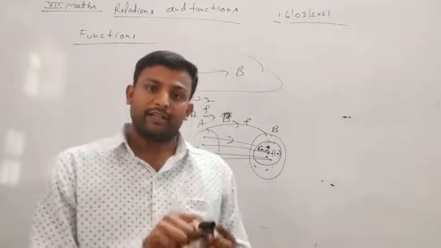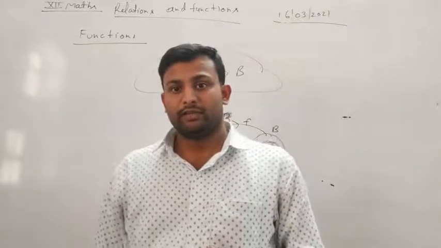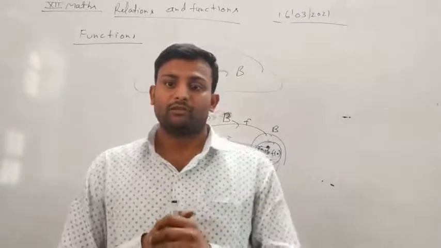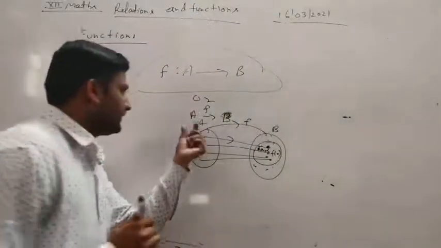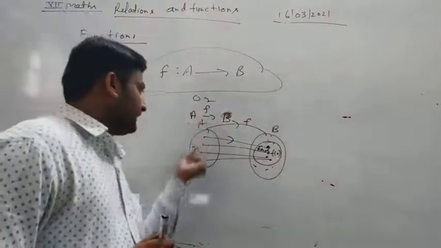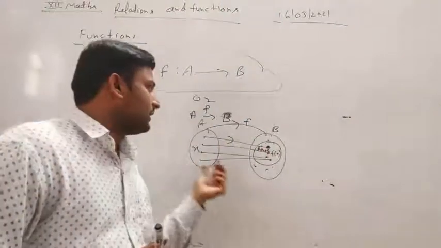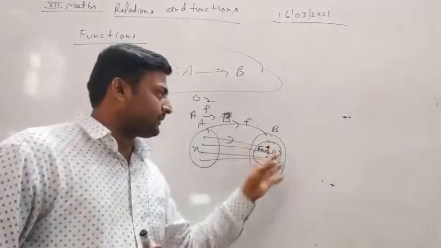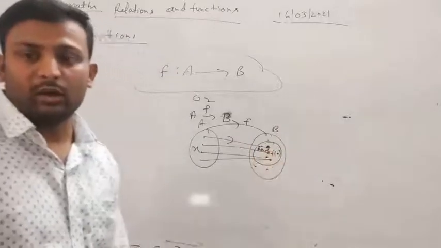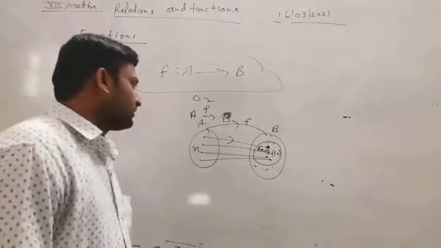If each element of set A is uniquely related with an element of set B, it is called a function. Suppose we are taking a set A and a set B, and each element of set A is uniquely related with an element of set B. This is called a function.